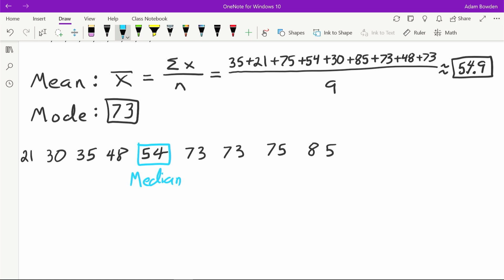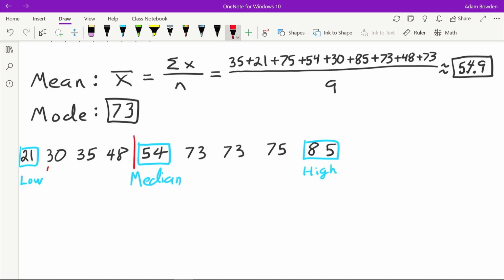Now for the other parts where it said the 5-number summary, to do the 5-number summary, we have to list out the low, the high, and then the lower quartile and the upper quartile. Now the lower quartile is the median of the lower half of the data values.